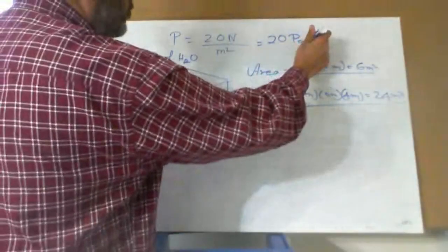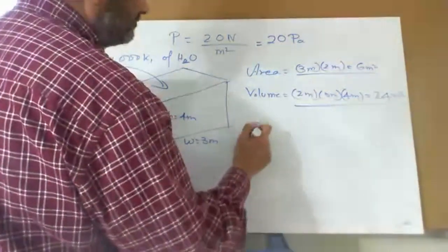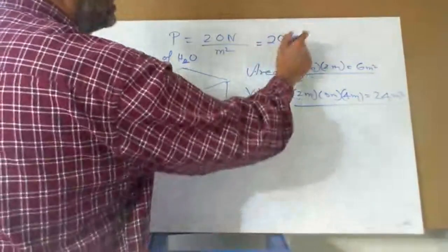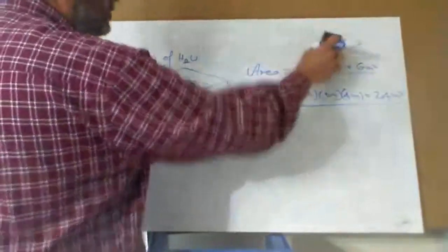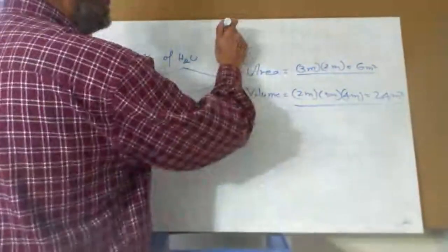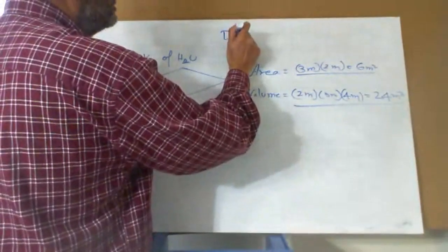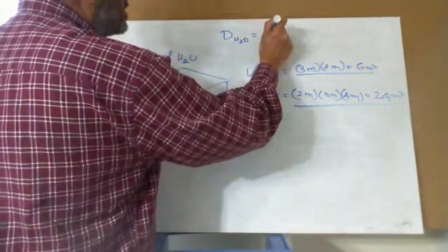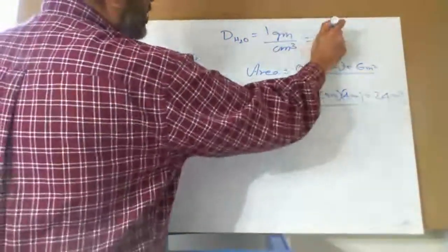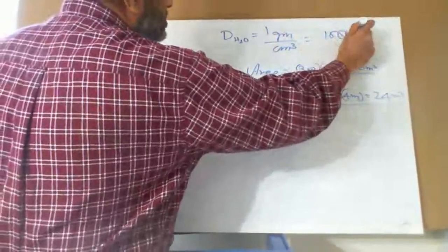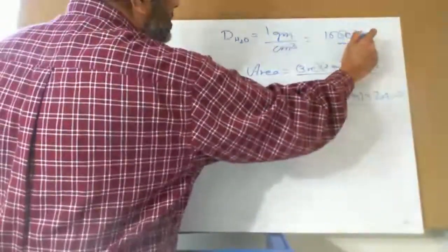And then we found the density. The density of water is 1 gram per cubic centimeter, and we found that the density was 1,000 kilograms per cubic meter.